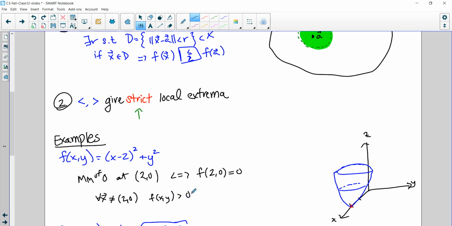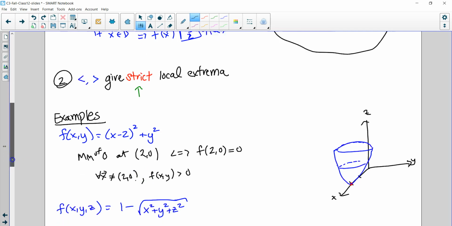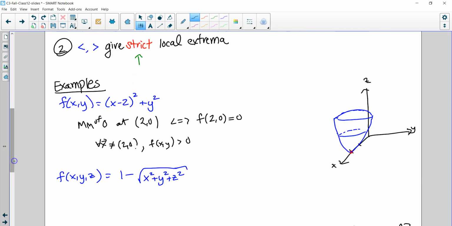Okay, and that last condition is actually going to allow us to say, yes, this is indeed going to be a local min.